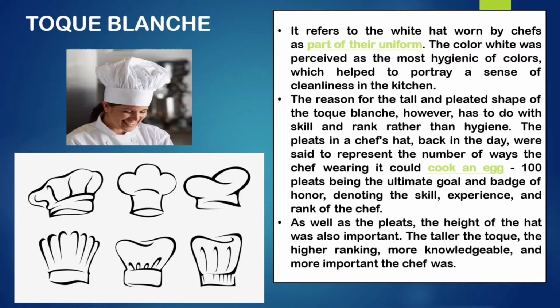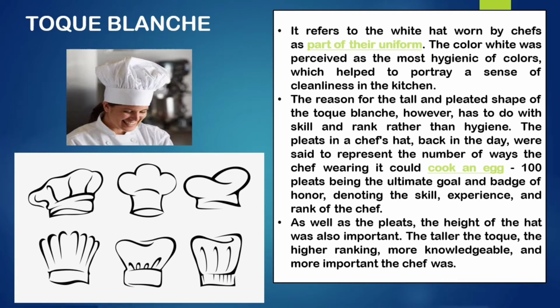The pleats in a chef hat back in the day were said to represent the number of ways the chef wearing it could cook an egg. 100 pleats being the ultimate goal and badge of honor, denoting the skill, experience, and rank of the chef.